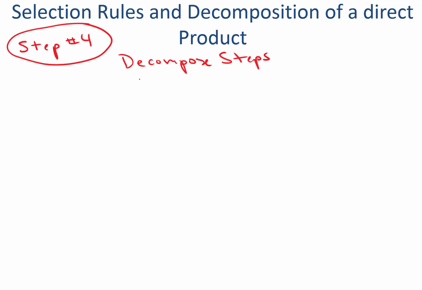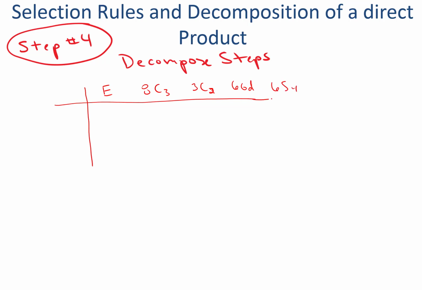Okay, in order to do the decomposition steps, we're going to once again set up another table. Now this table is going to include, once again, our classes. Excuse me, that's a C2, our dihedral, and our improper.